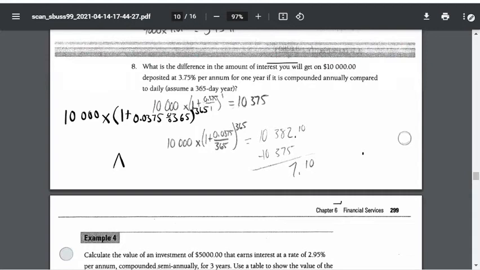That's how you can get it all done in one step, and you'll end up getting that answer. Okay, I'm going to finish this off real quick.